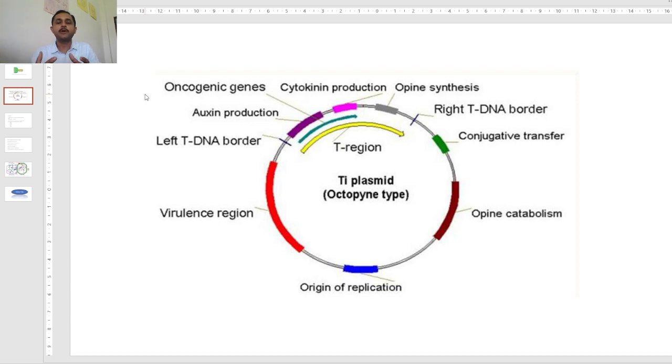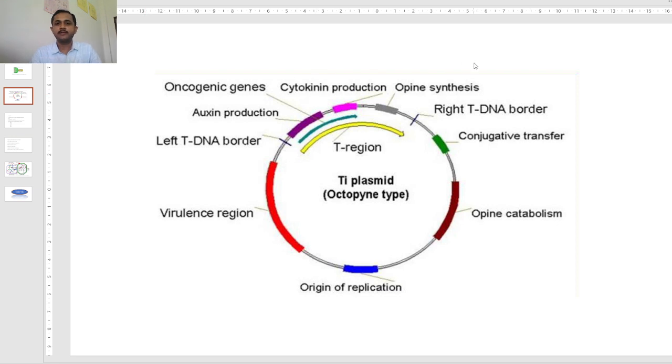They are basically auxin and cytokinin producing genes that make different enzymes that synthesize these phytohormones, and they start the division of the plant cells in a very rapid manner, so that the cells divide in an uncontrolled fashion and make a tumor or protuberance coming from the stem or the root.